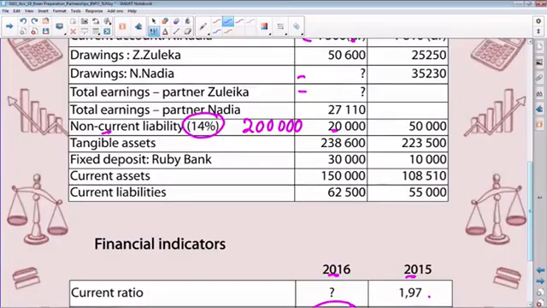Okay, so clearly, guys, your return, 32%, is far greater than your interest rate of 14%. And we can already see that from last year to this year, there is growth in terms of your profit, your return.